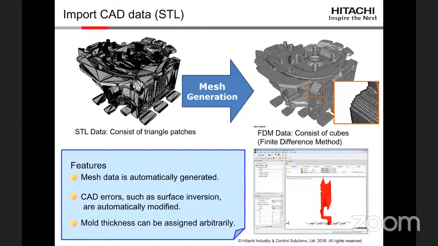Next, sir, this software works on the finite difference method, as I told you. In order to do the simulation, first we have to generate the mesh. We just define the mesh size in the software, then the software automatically generates the mesh all over, distributing the body into small elements according to the mesh size.